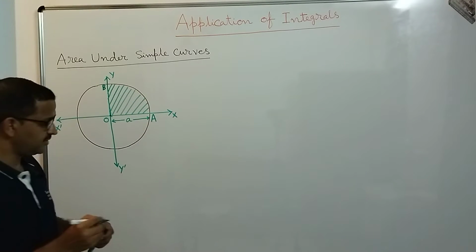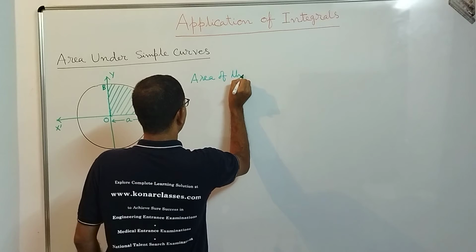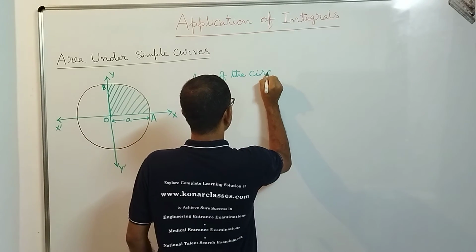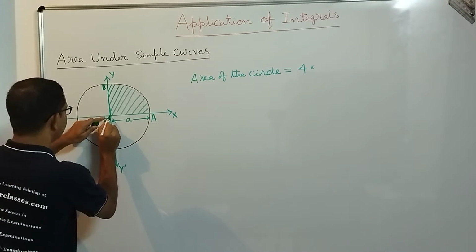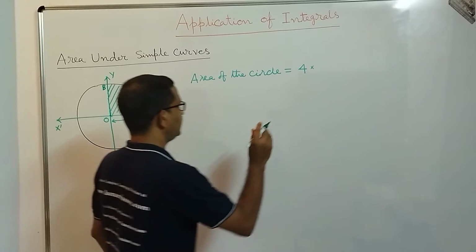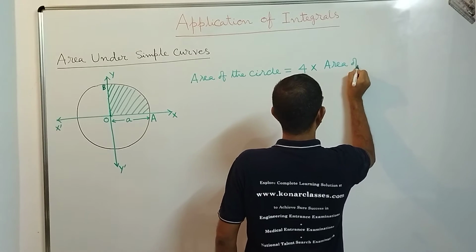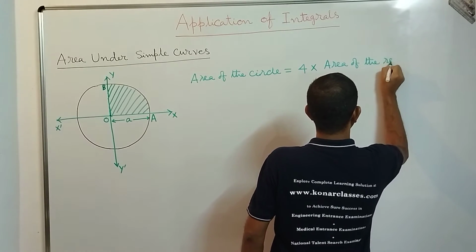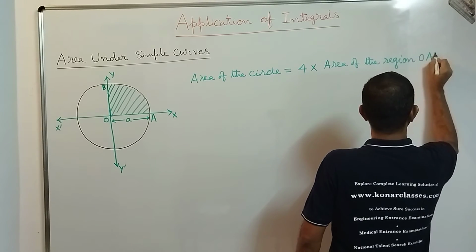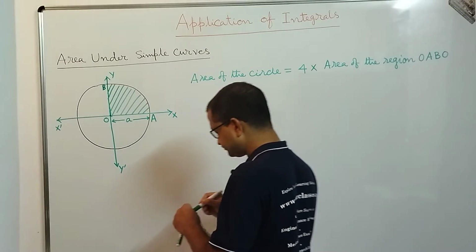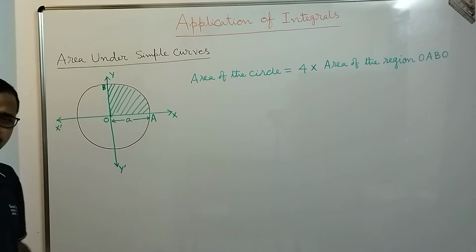So the area of the circle, what we can write here, dear students, is equal to 4 times the area of this region OABO. Now let's see how we can find the area of the region OABO.